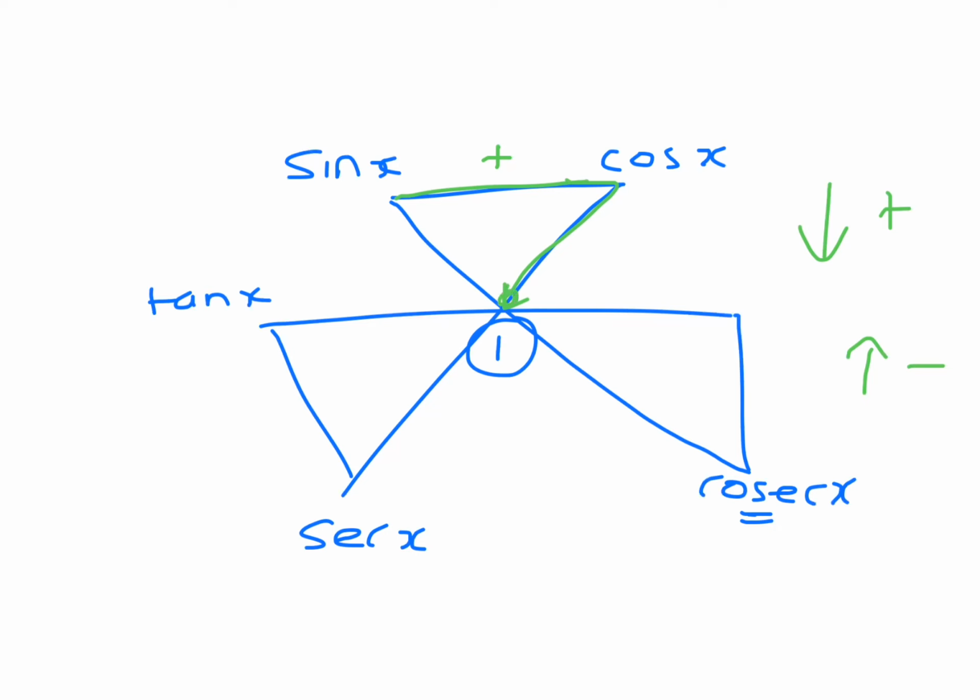But if I went backwards on that, I go 1 minus cos squared. I should put those squares on there. 1 minus cos squared is sine squared. And if I went this way, 1 minus sine squared is cos squared. If I go here, I go tan squared plus, because that's the positive direction, plus 1 equals sec squared.